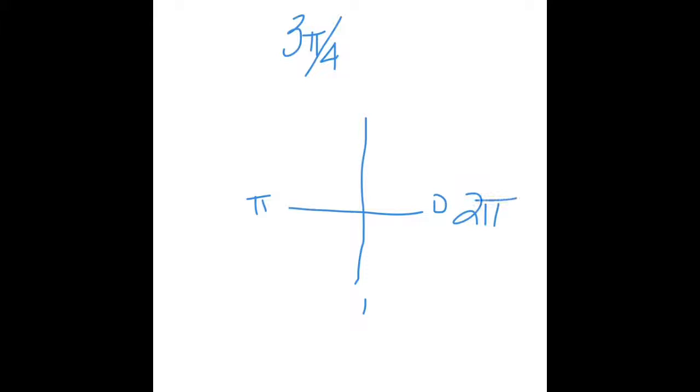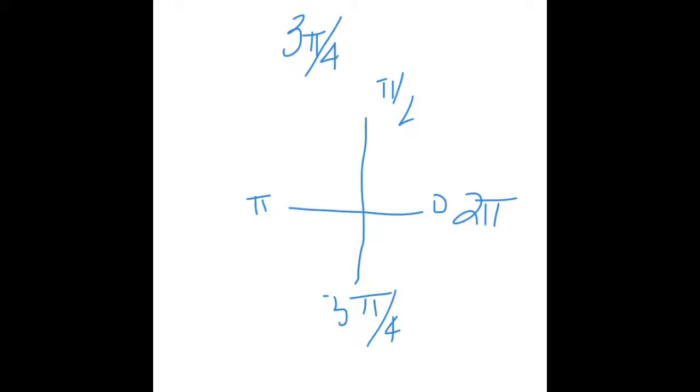So our first example, let's try 3 pi over 4. So we need to determine the quadrant that it lies in. 0, pi, 2 pi. I'm going to do pi over 2 and 3 pi over 4.